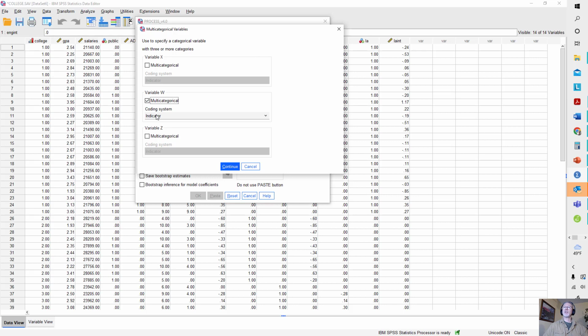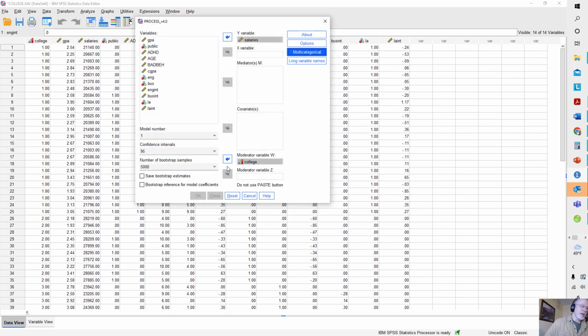We're going to go ahead and use the indicator system, which basically does a simple dummy coding system using ones as the 0-0 outgroup. And then we're going to put in our original GPA as the X variable.